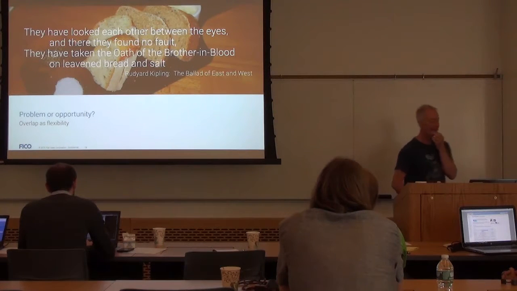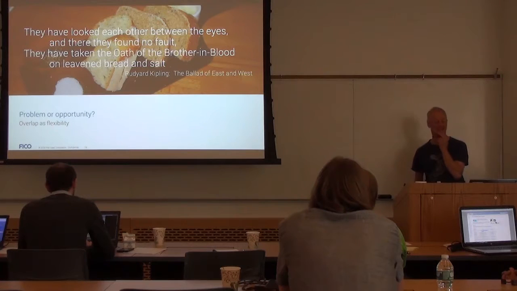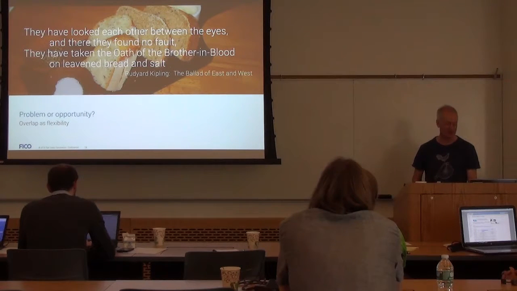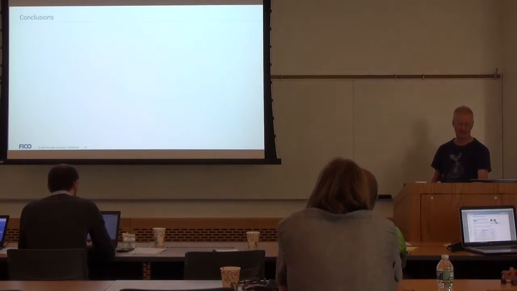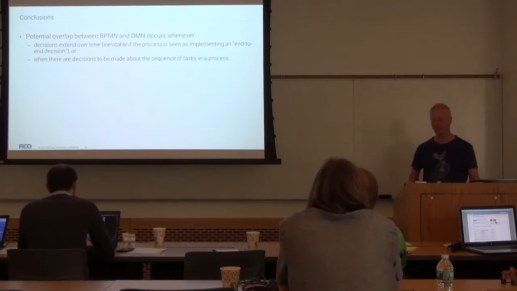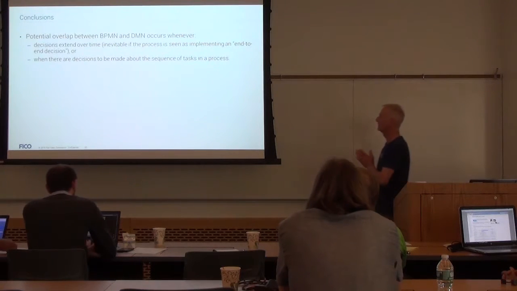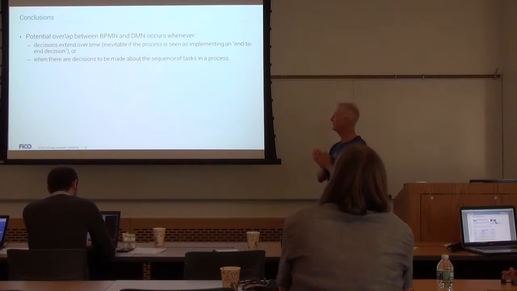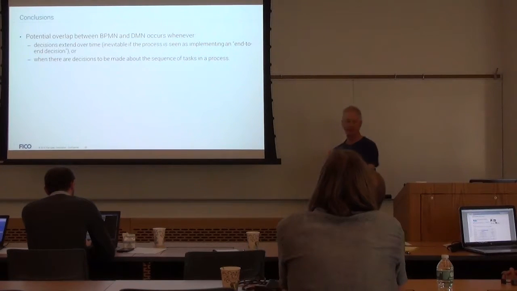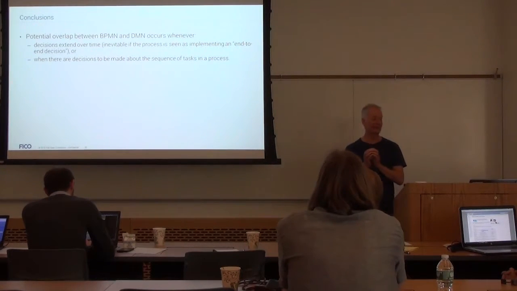So, how can I find a happy ending? Perhaps we should see this overlap as an opportunity for flexibility rather than as a problem. I think that's the conclusion here. First thing to note is that you will always have overlap between BPMN and DMN when decisions extend over time, and that's Bruce's point we made earlier.